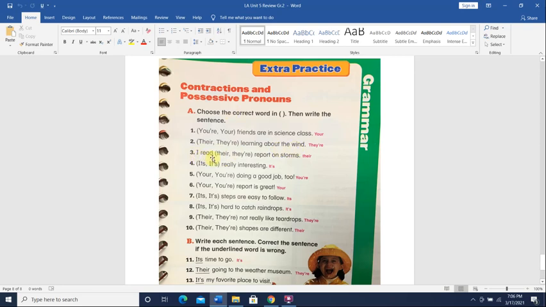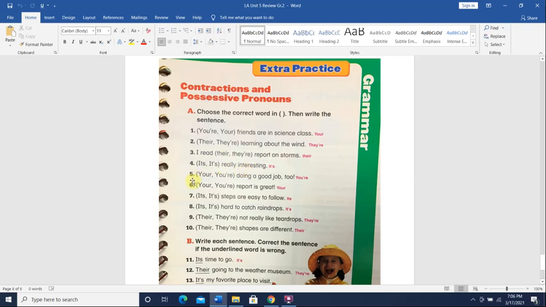Number 3, I read their or they're report on storms. I read their or they are report on storms. No, their. The report that belongs to them. Number 4, it's or its really interesting. It's really interesting with the contraction because here it is really interesting.